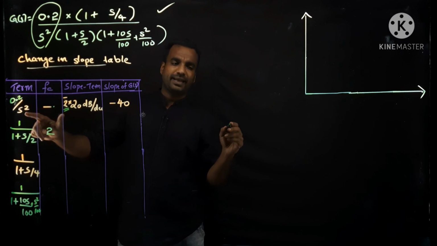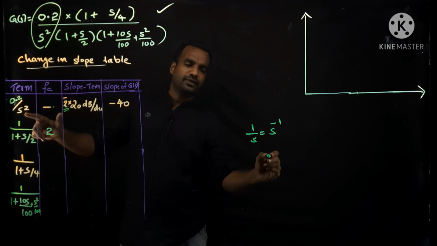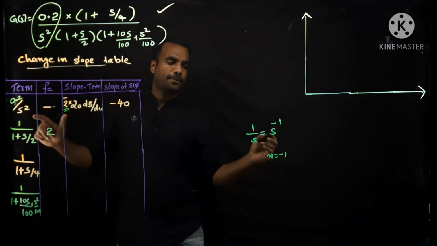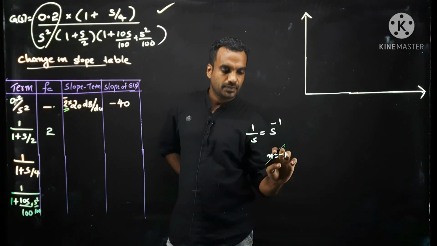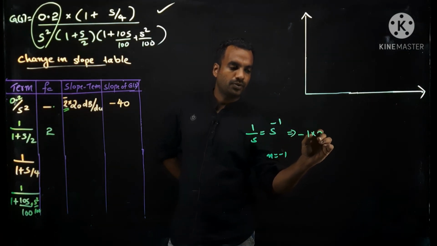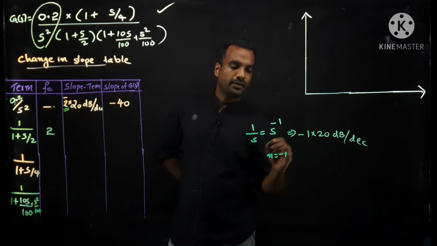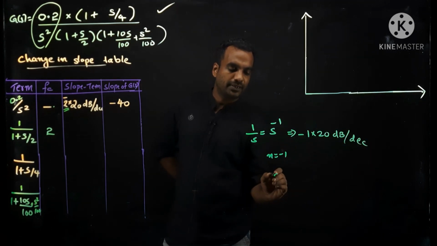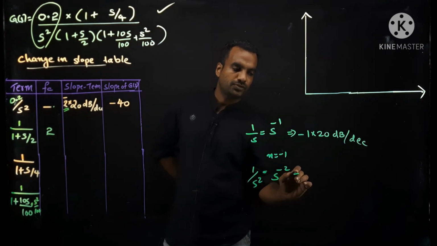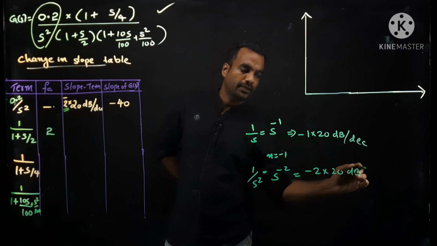If it is just 1 by s, it is nothing but s raised to minus n, where n is equal to 1, and its slope will be minus 1 into 20 dB per decade. If n is equal to 2, 1 by s square or s raised to minus 2, its slope will be minus 2 into 20 dB per decade.